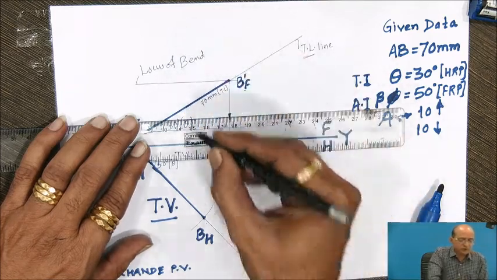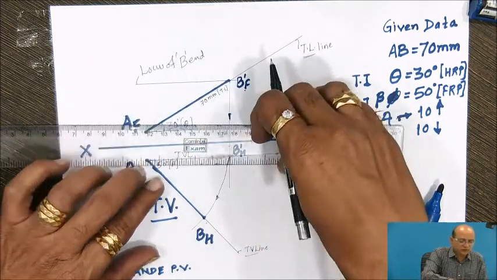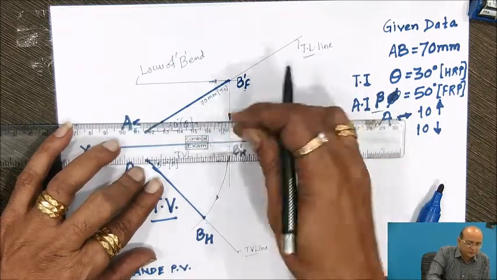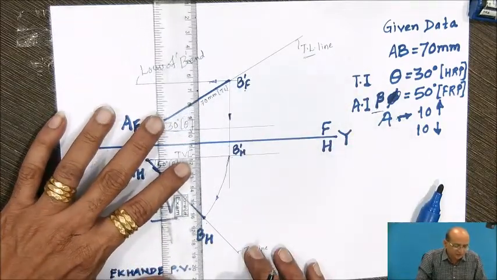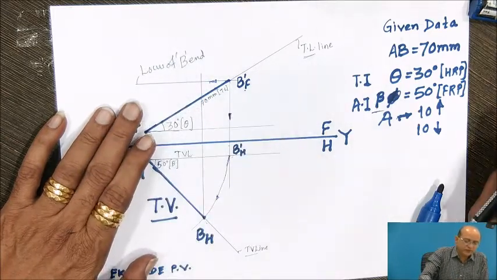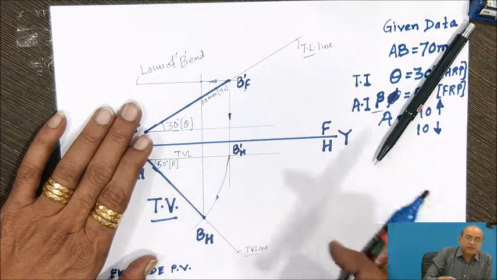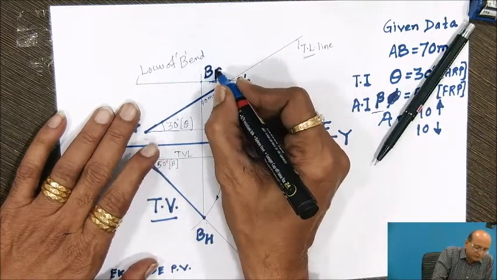On this locus, when I take the projection from this BH, it will intersect, and this intersection point is BF.